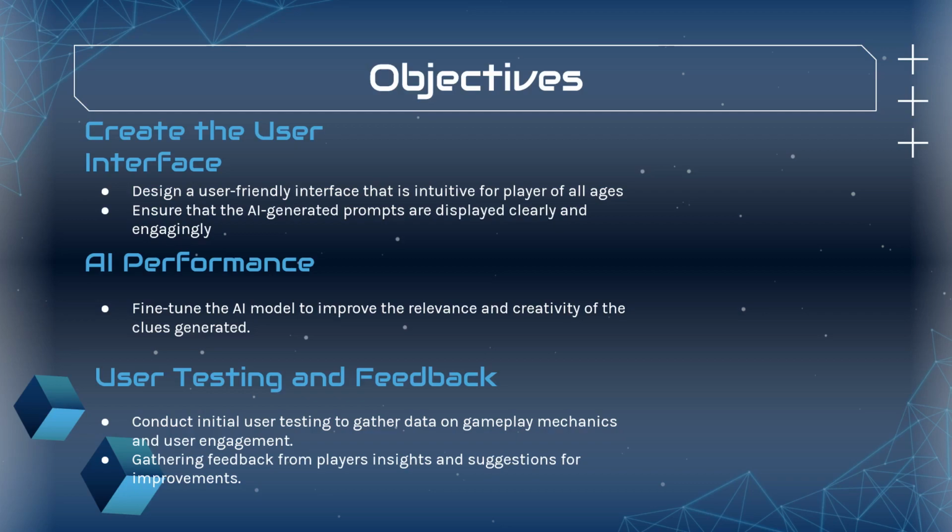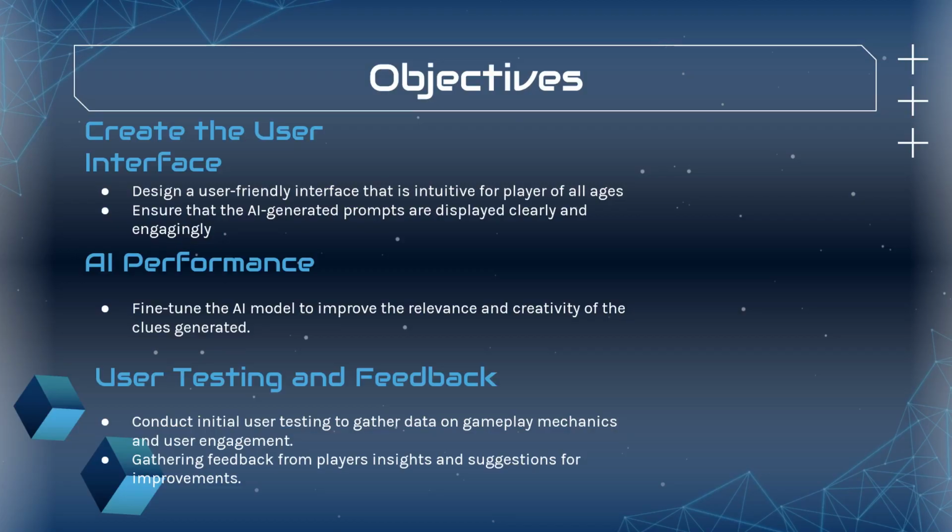Okay, so we're going to go to the second objective. Let's talk about AI performance, and this is where the heart of the game is. To achieve this, we will fine tune our AI model to ensure it not only understands the inputs, but also crafts clues that are both challenging and intriguing.